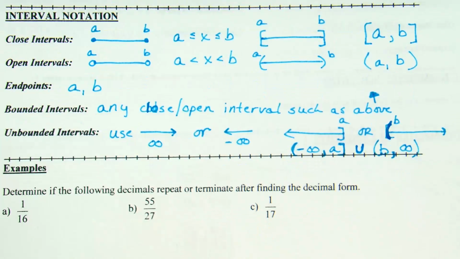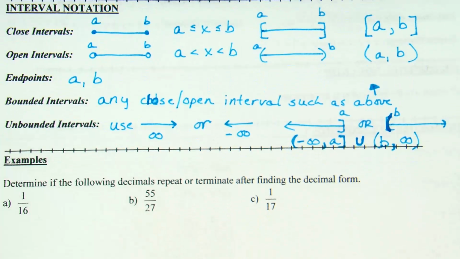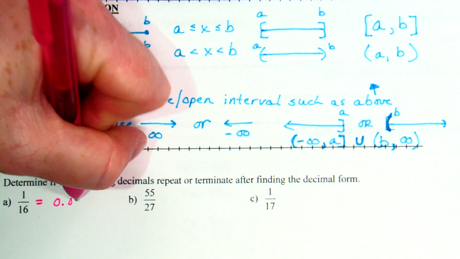Determine if the following decimals repeat or terminate after finding the decimal form. Thoughts on 1/16? Terminates? Why do you say terminates? Because it ends? So what did you find out about 1/16? .0625.